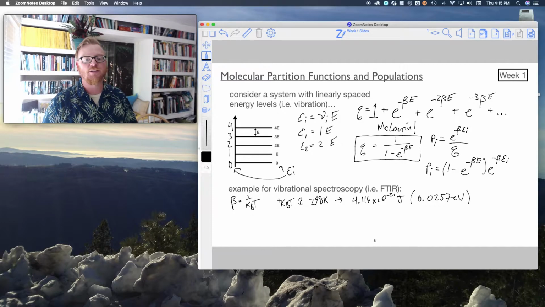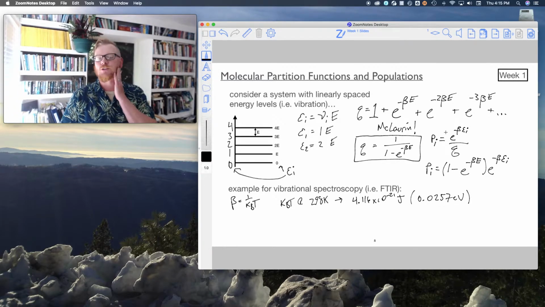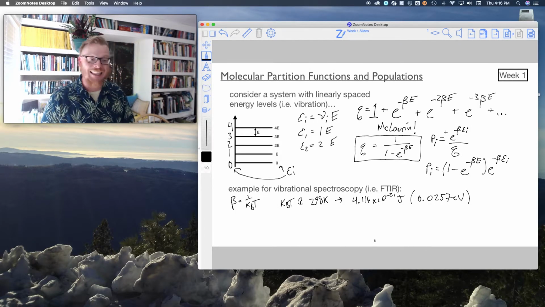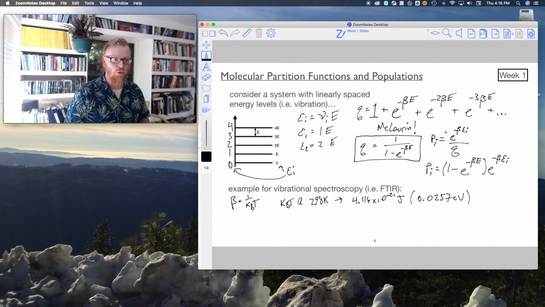And that will give me this value of beta in terms of wave numbers. We can keep it in terms of energy, right? If you look at these equations, if I have these values in joules, then my beta needs to be 1 over joules. But it's very useful as chemists to be able to convert between units, okay? And I like the wave number and the electron volt a lot.